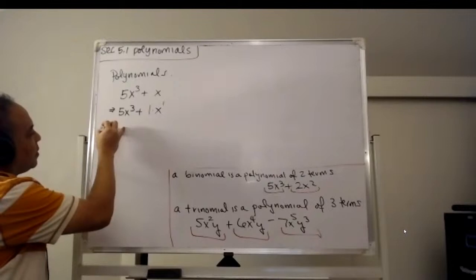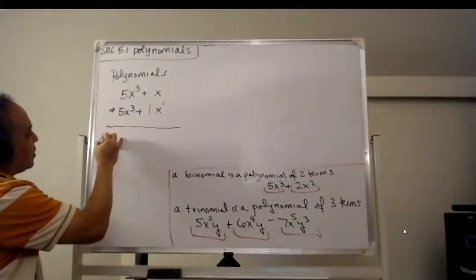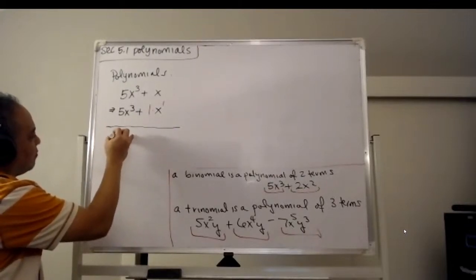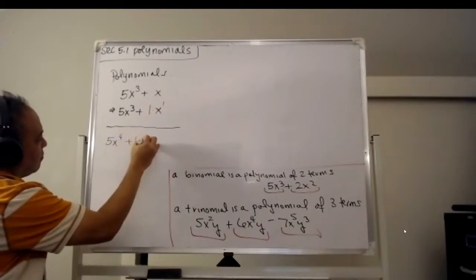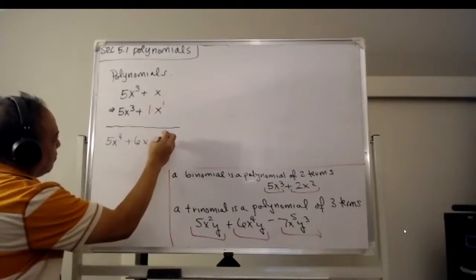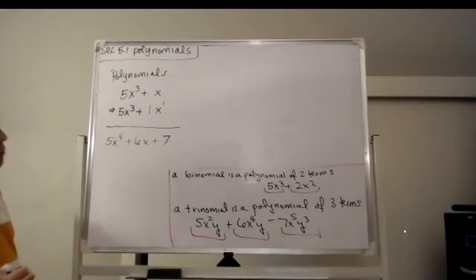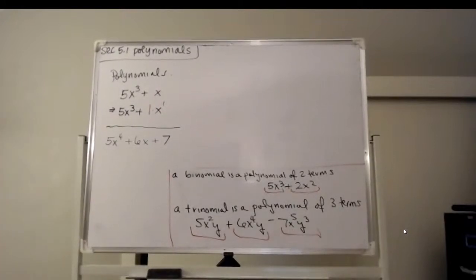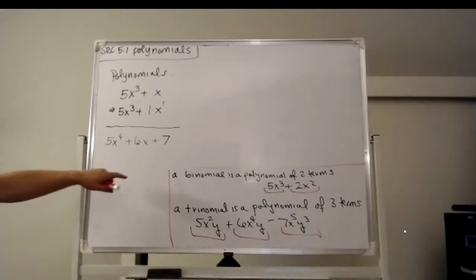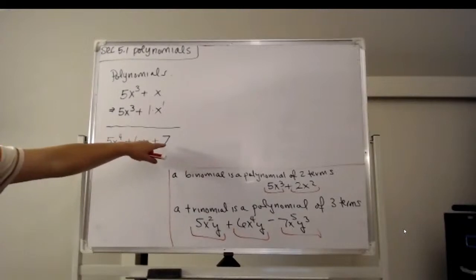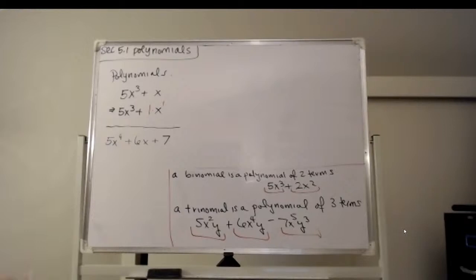Okay? And then the other one that's a little weird is something like this. And usually the part that people don't like is, hey, where the heck is the x? Don't you have to have an x there? And there is an x there.